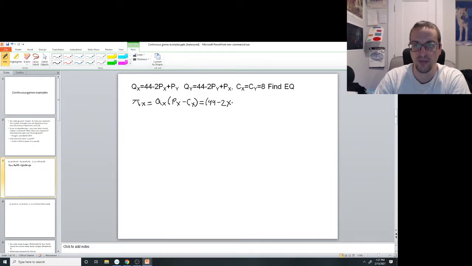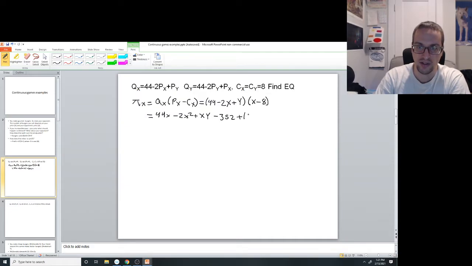I expand this out, and I get 44x minus 2x squared plus x times y, and then minus 352 plus 16x minus 8y.